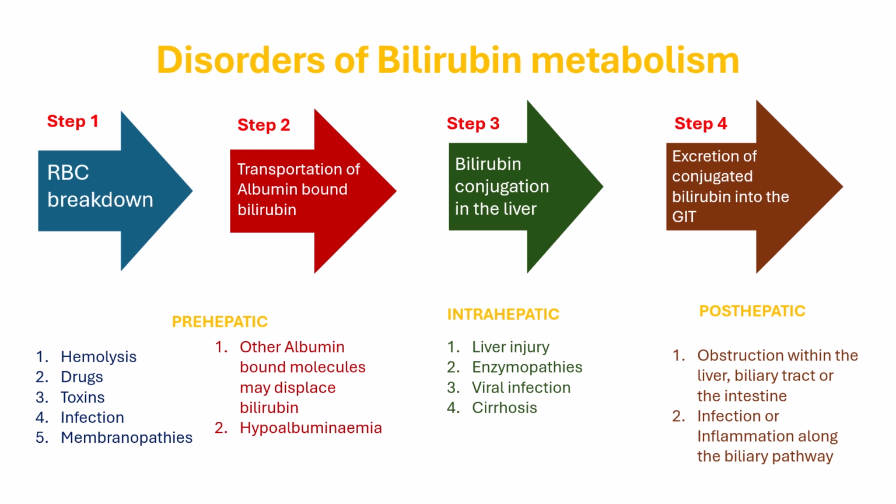In step 4, which is usually a post-hepatic hyperbilirubinemia, there is usually an associated obstruction to the excretion of conjugated bilirubin in the GIT. Any kind of obstruction in the biliary tract or intestine, which may obstruct the flow of conjugated bilirubin into the gastrointestinal tract, may lead to conjugated hyperbilirubinemia.